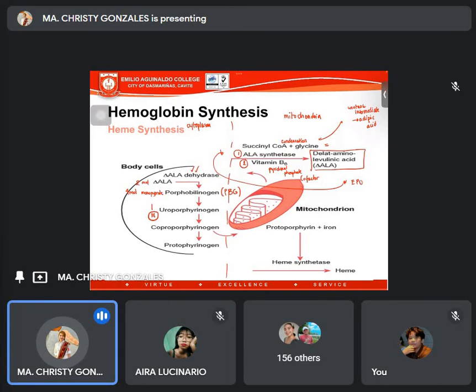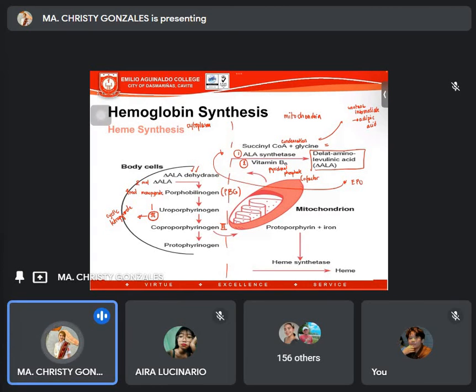Okay, that is the cyclic tetrapyrrole. The type 3 isomer will then be converted to coproporphyrinogen 3. So that's the isomer we used.